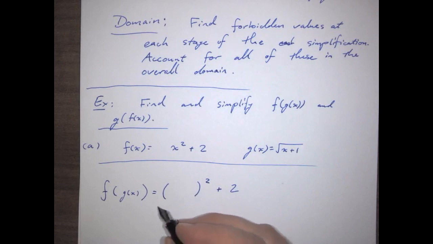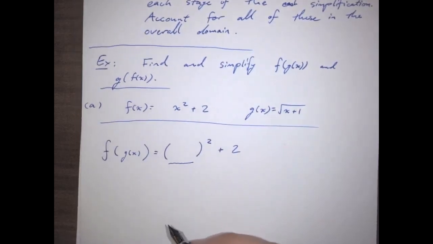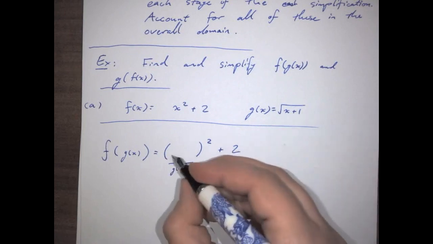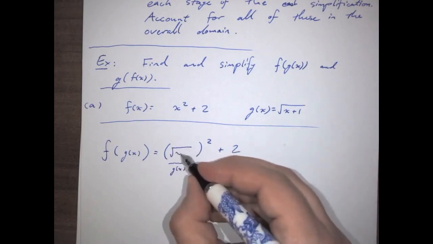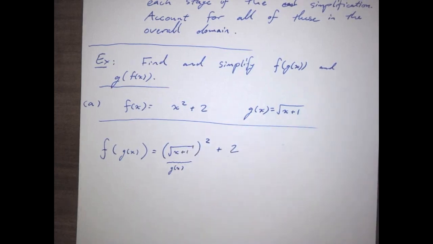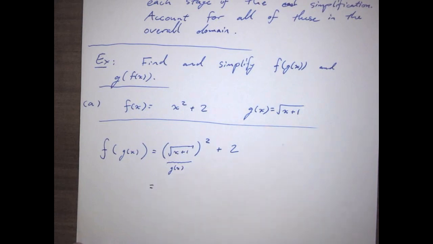So the whole outer part is just the original formula for f, with a big set of parentheses where the input should go. And here, this is going to be g of x. So there we have that. And then we would do the simplification that we have to do.